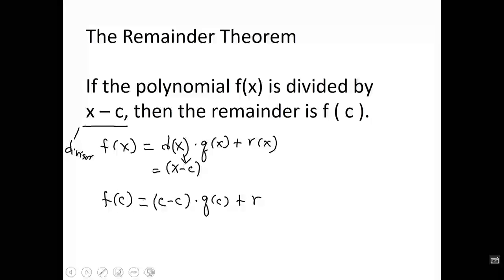So what are we getting here? Clearly, f of c is the remainder. And that's the conclusion of the remainder theorem: the remainder can be expressed as f of c.